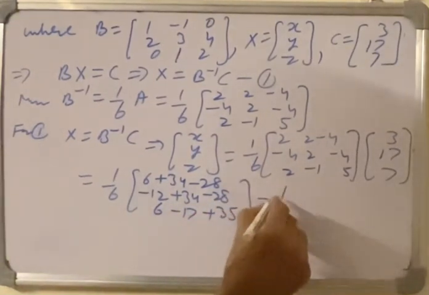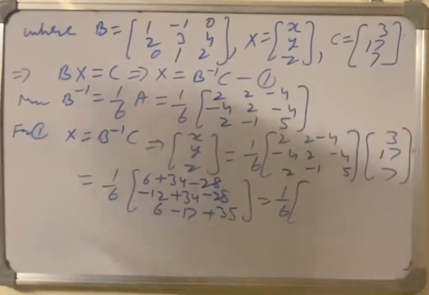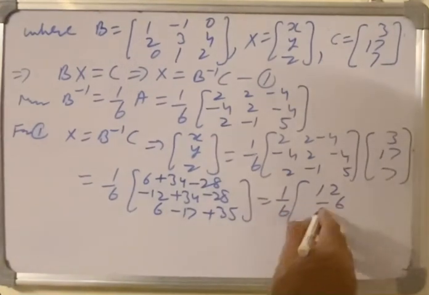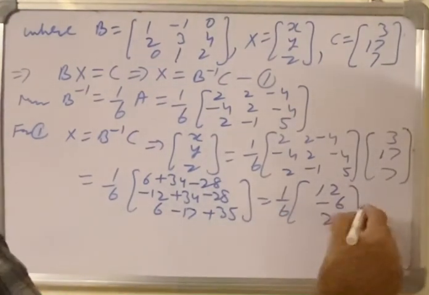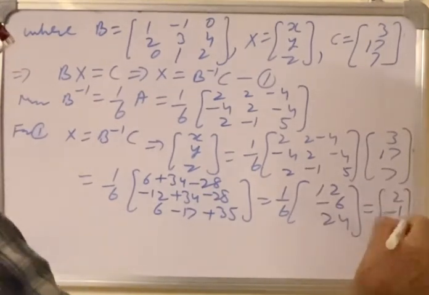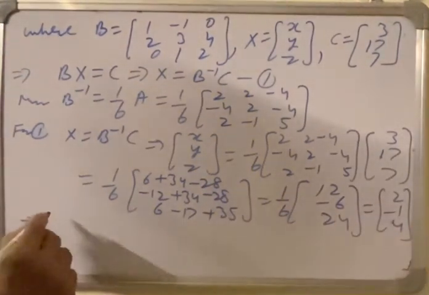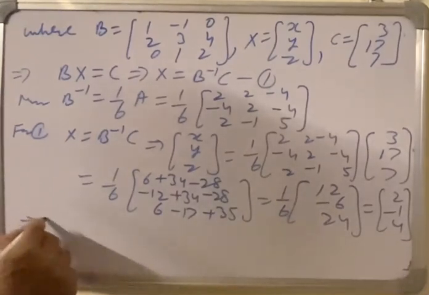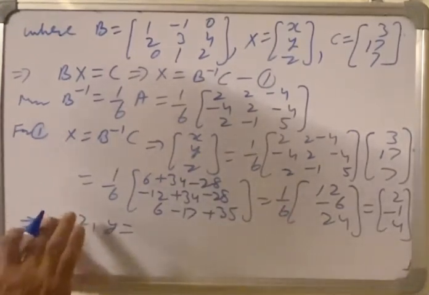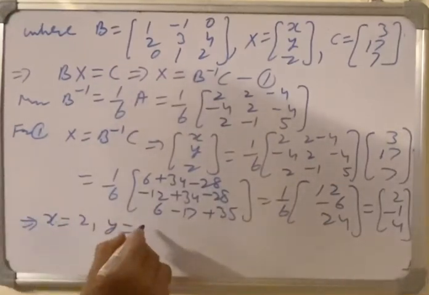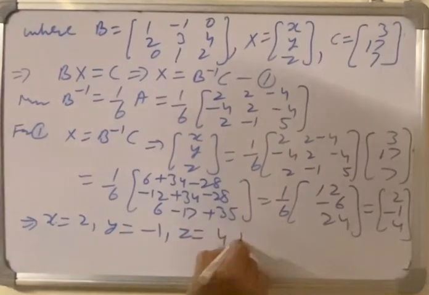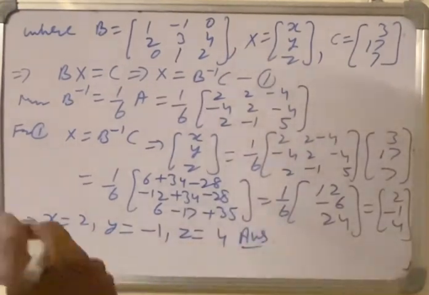So we have 1 over 6 into [12; -6; 24], which will give you [2; -1; 4]. Therefore, x is equal to 2, y is equal to minus 1, z is equal to 4. This is the answer.